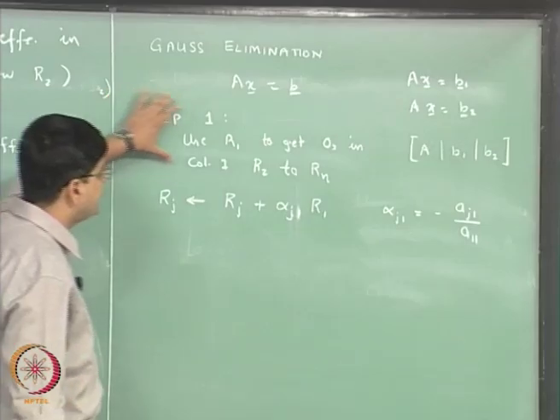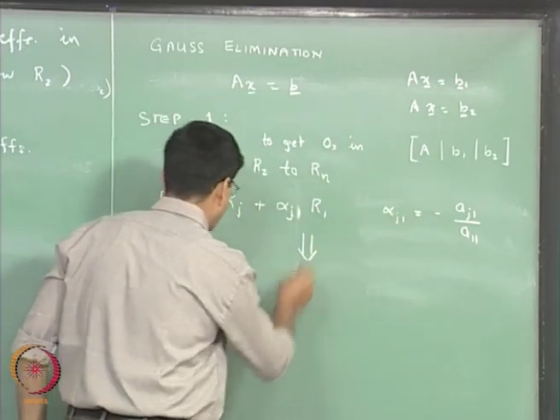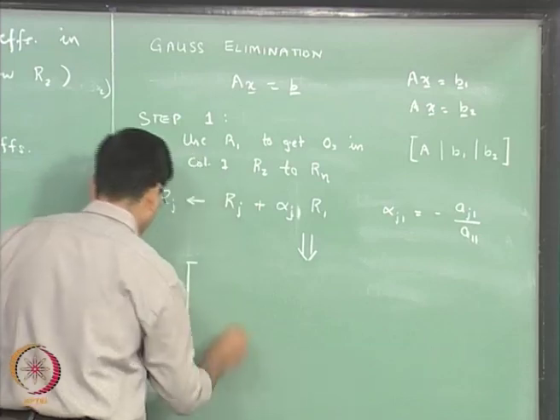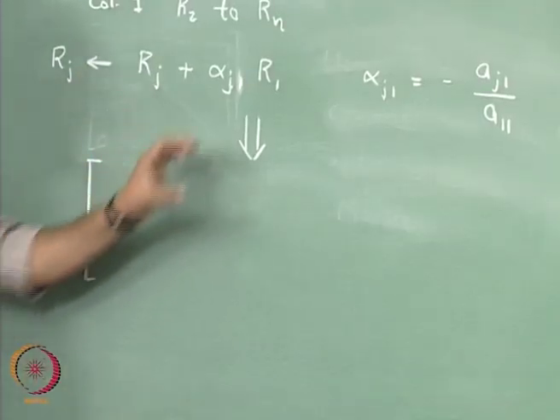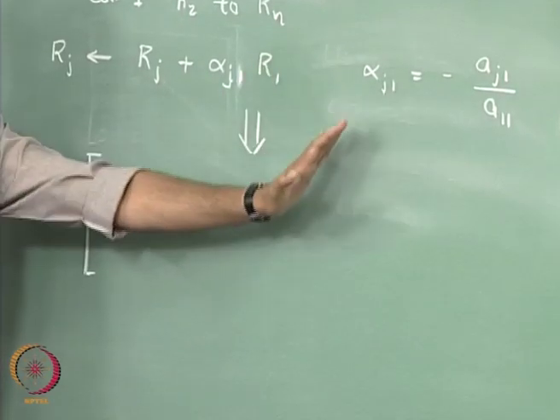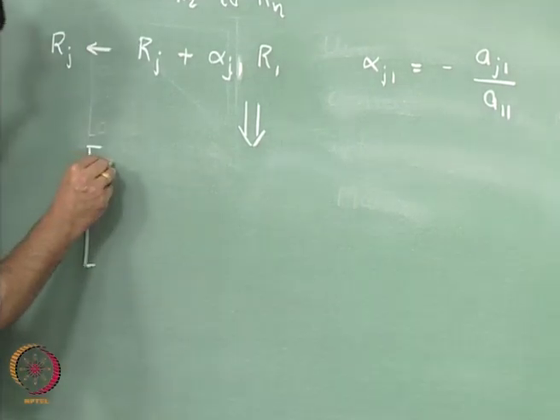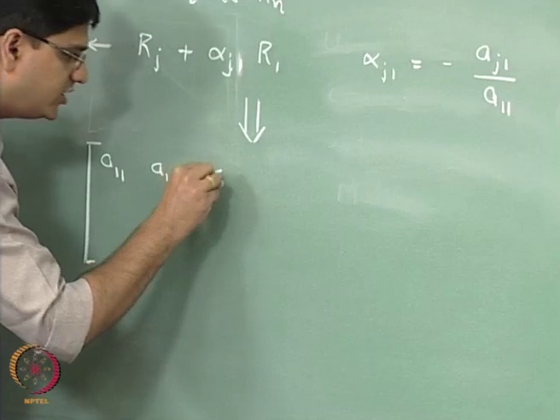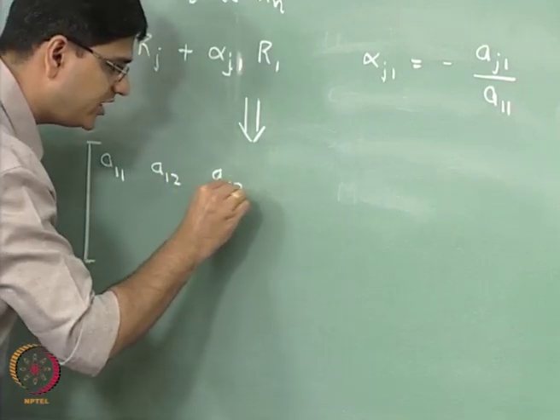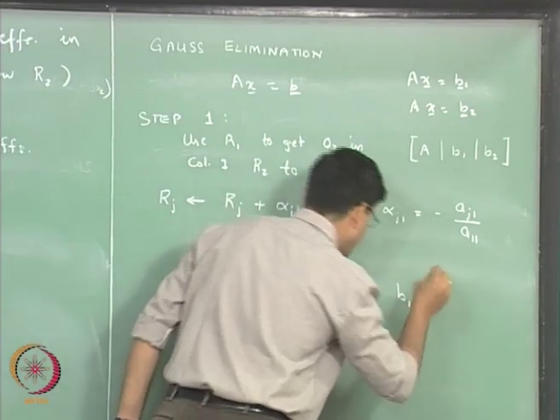So as a result of this step, we will start off with the original matrix A11, A12, A13 up to A1n and then B1. Our first row remains unchanged, so we will have A11, A12, A13, and so on up to A1n, B1.